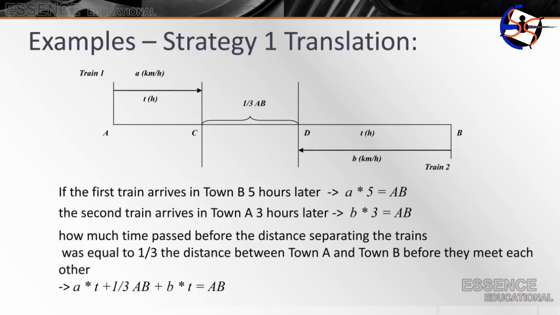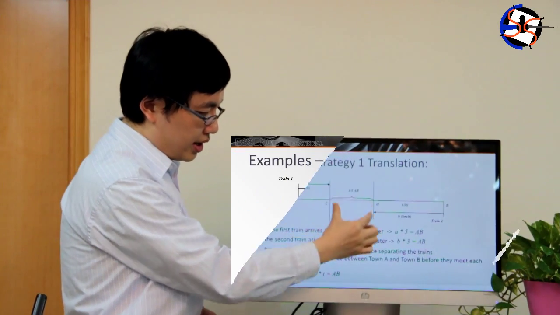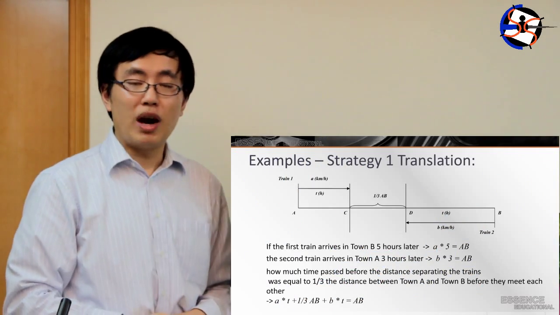So it's asking you for time. Do you know the time? No. Use a letter, say T. After T hours, the first train moves A times T kilometers, right? And the second train moves B times T kilometers. As you can see in this figure you drew, the distance separating them is 1/3 AB.